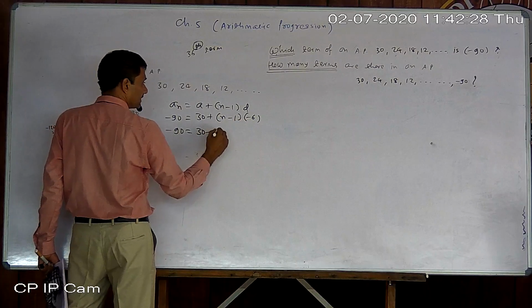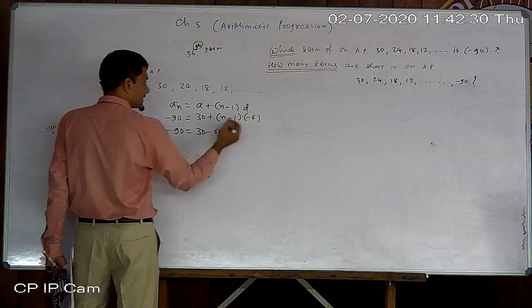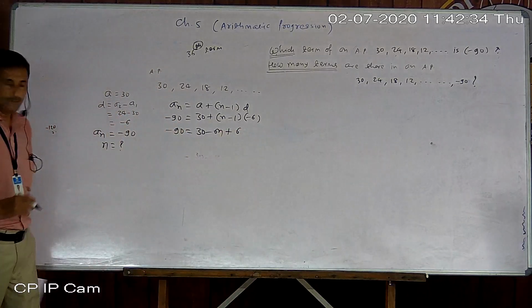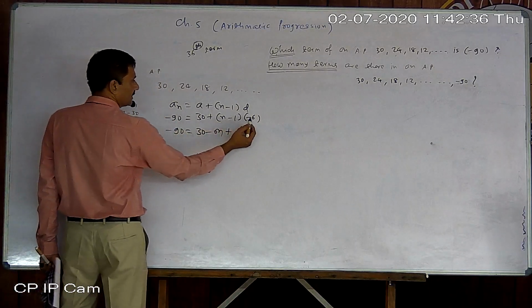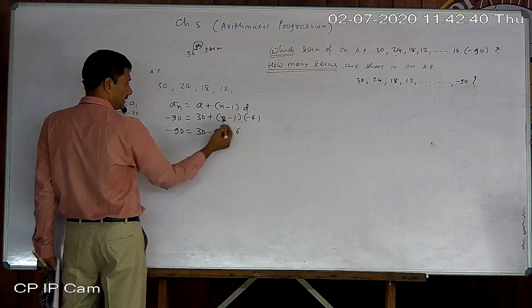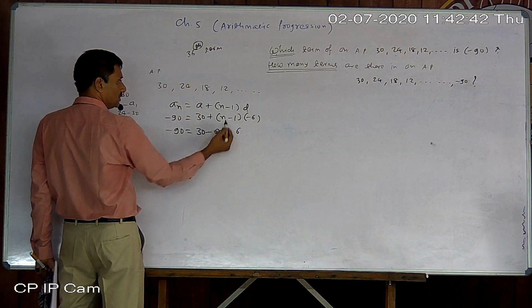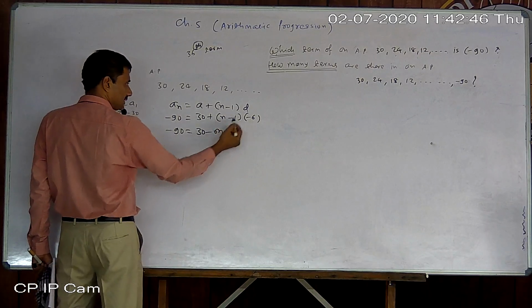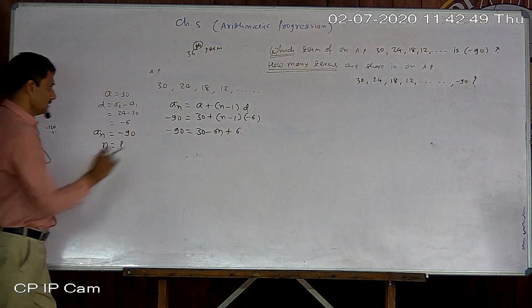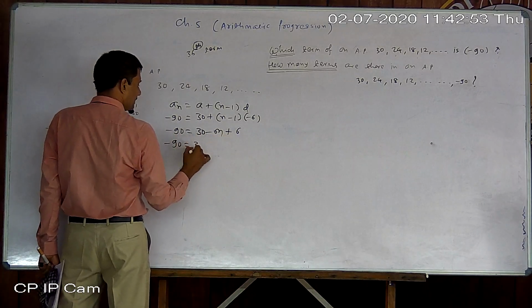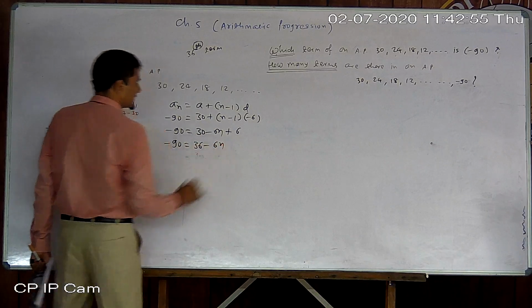Whenever d is negative, it should be in a bracket only, and whenever you multiply, be careful of the sign also. Plus minus minus 6n, and minus minus plus, 6 times 1 is 6. Now just simplify: 30 plus 6, 36 minus 6n.